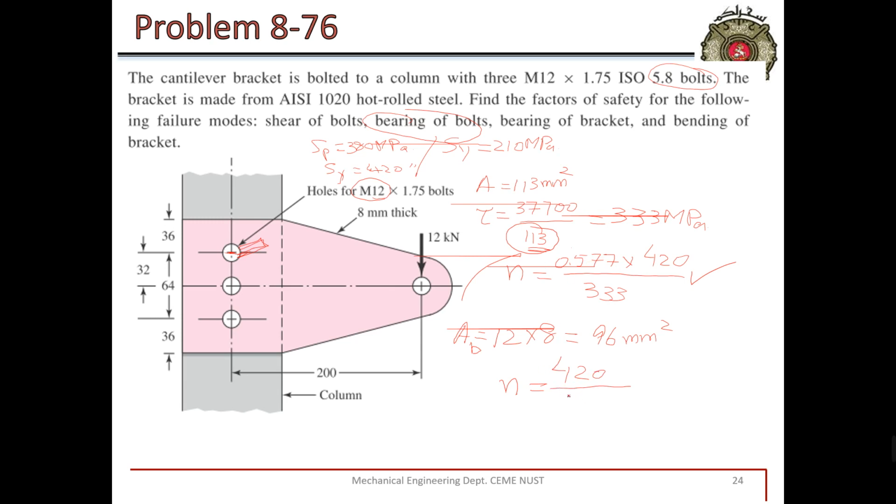And what is the force? 37.7 divided by 96 mm square. This is the bearing strength, or this is the sigma b. This yielding divided by sigma bearing will give us the factor of safety, and it comes out to be 1.07, and the previous part 0.728.